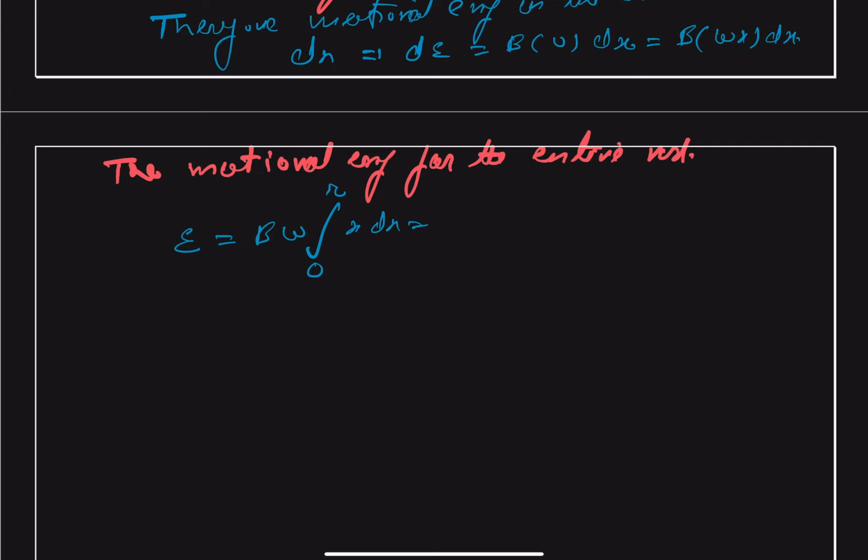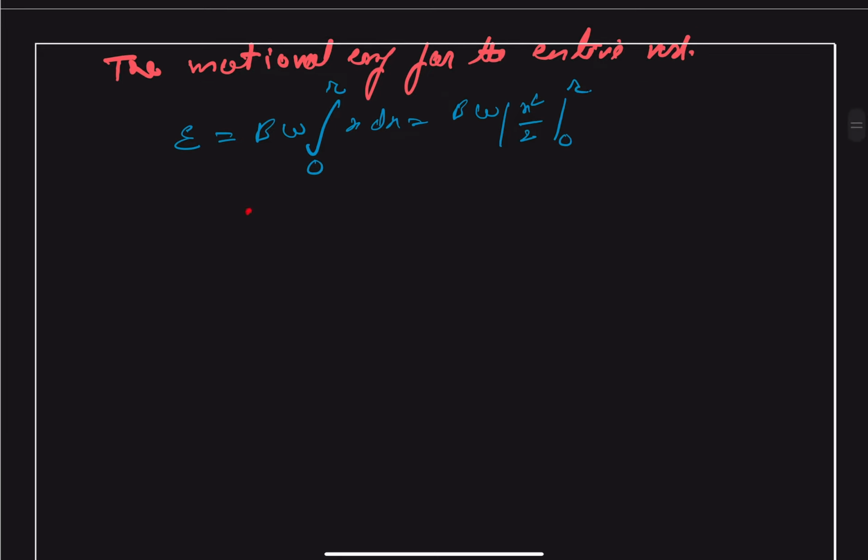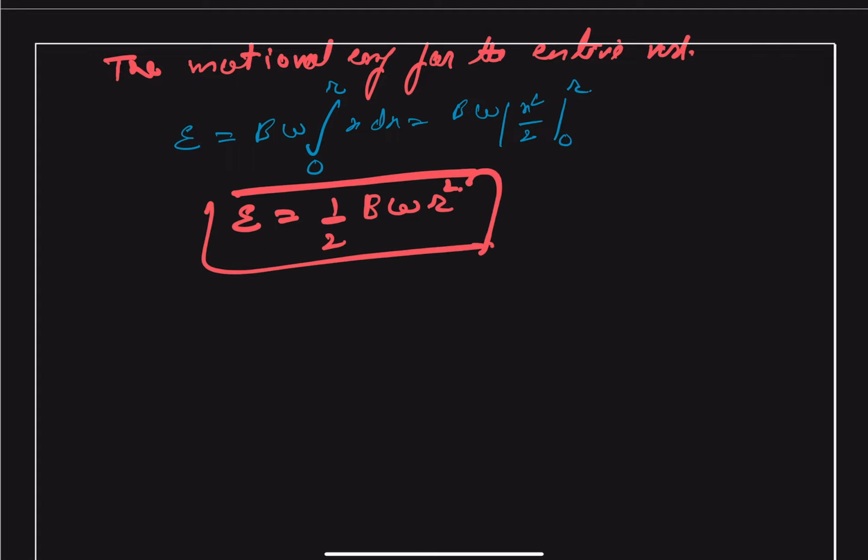Now it is a simple integration. This will be B omega times x square by 2, from 0 to R. So we get the EMF is equal to half B omega R square. So this is our part A.